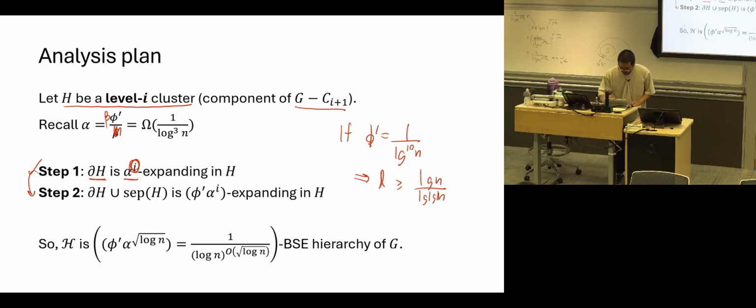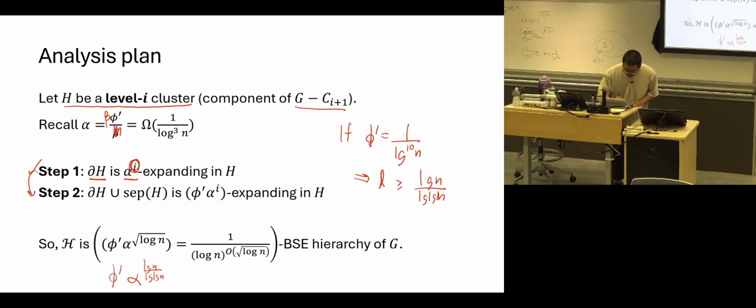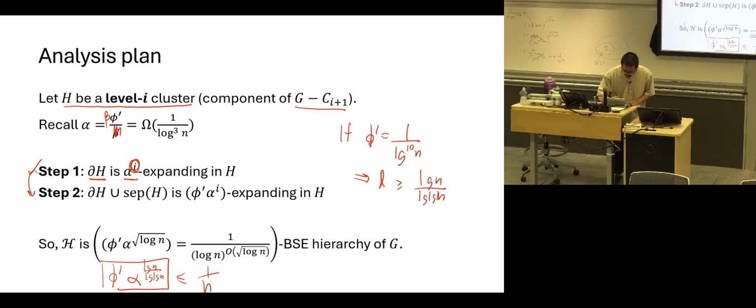But then what we're going to get here is something like alpha to the log n over log n, but this thing together is going to be like 1 over n to the 10, really bad.